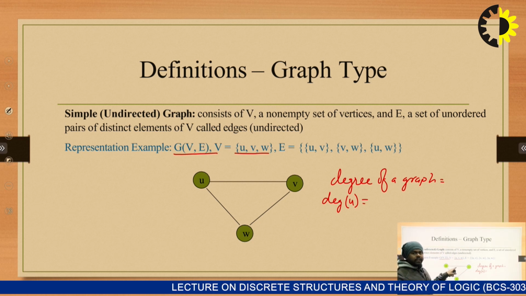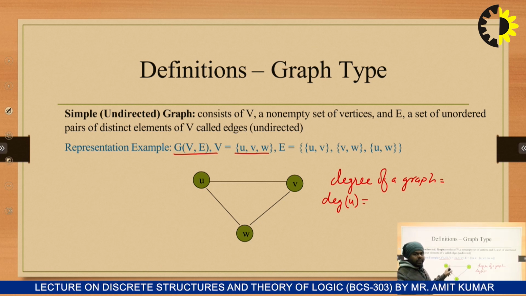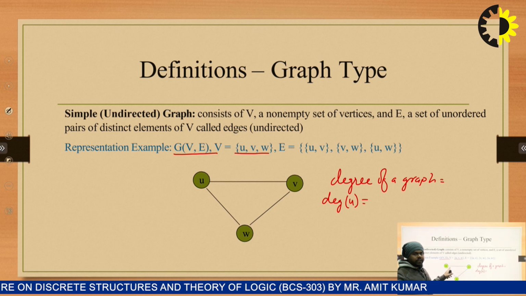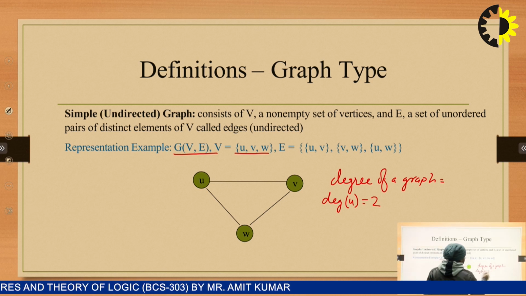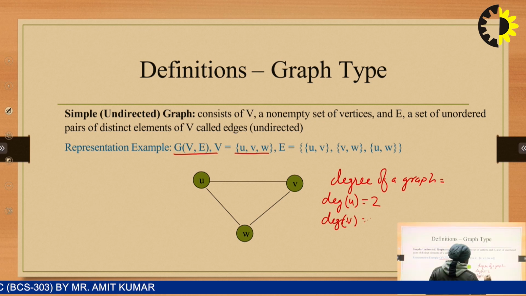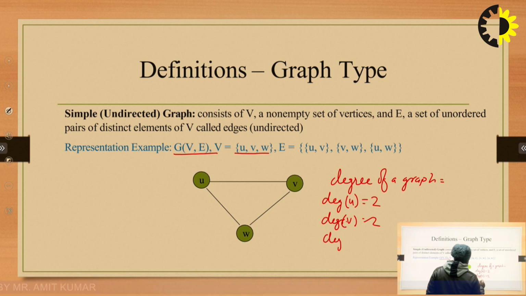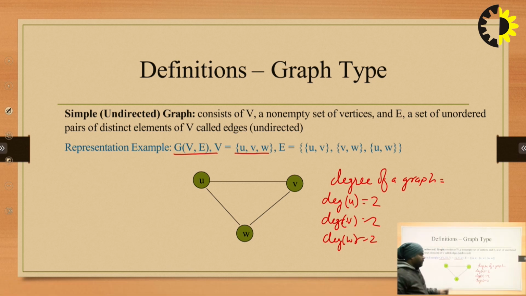We can't say this is a directed graph, so there is no in degree or out degree here, but we see that u has two edges, so degree of u is 2, degree of v is 2, and degree of w is also 2.